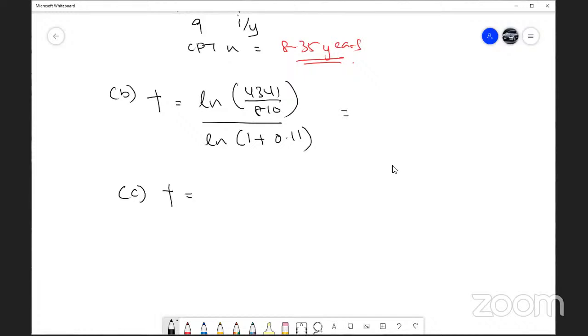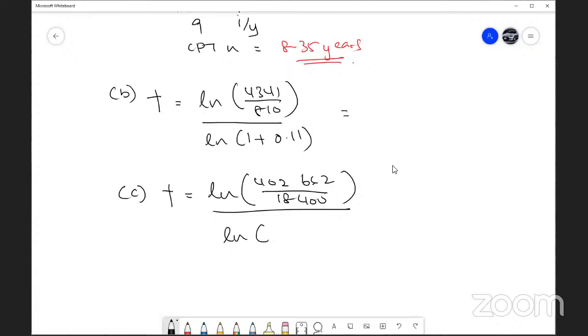C, T equals ln of 402,662 divided by 18,400, divided by ln of 1 plus 0.17.